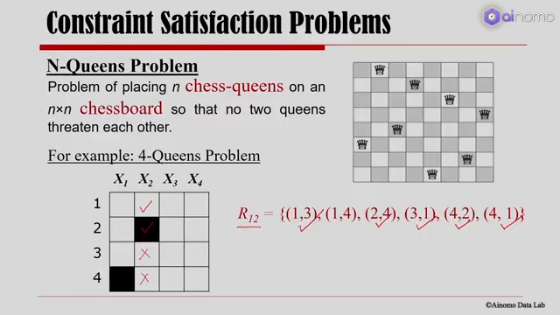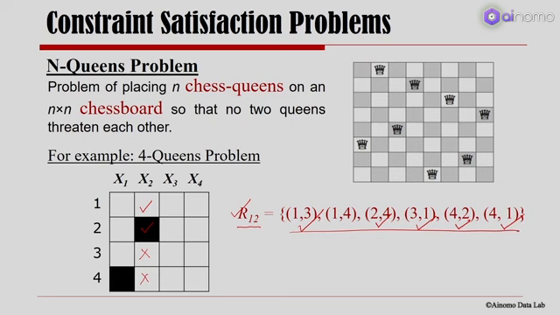So, as we see here, we could state the constraints that I want between the first and the second queen as an explicit list, and this list is the list of allowable values between the first and the second queen.